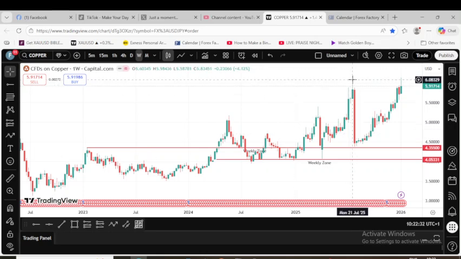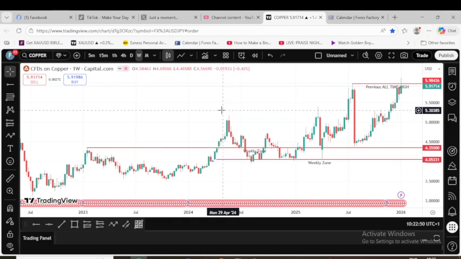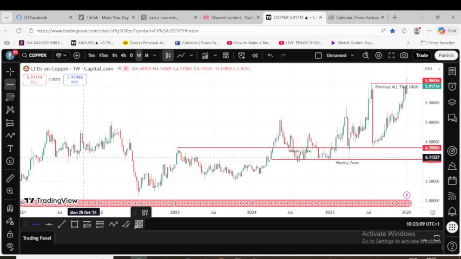There's a zone here, there's a zone here, which is the previous all-time high. This is a zone around this level, but it doesn't seem to still be valid. Let's mark it up though.